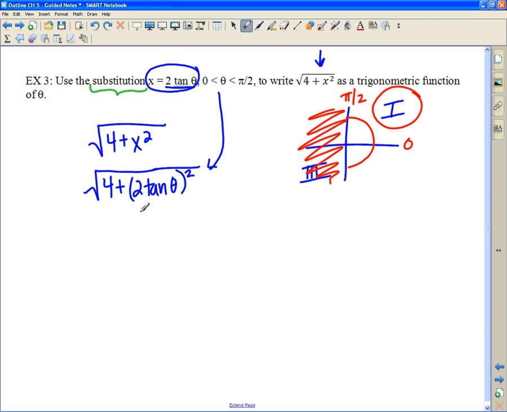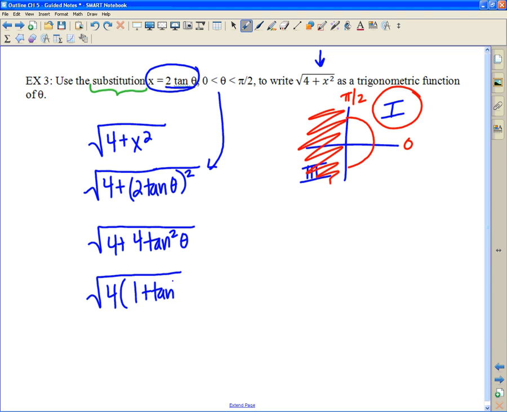Here we go, simplifying. 4 plus 2 squared is 4. Tangent squared is tangent squared. Looking at this, I can see that I can factor out a 4 from both terms. 4 times 1 plus tangent squared theta.